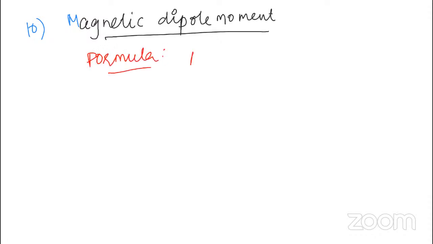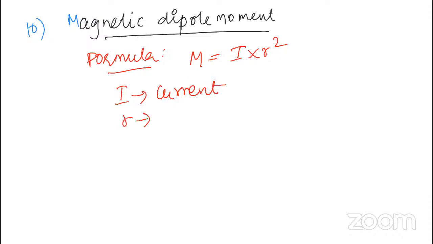M is equal to I into R square. So I is nothing but current, and R is nothing but the radius.